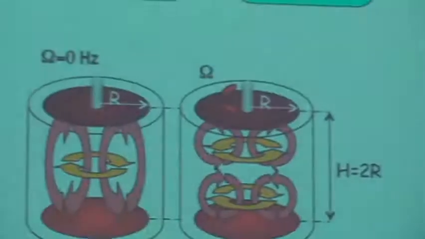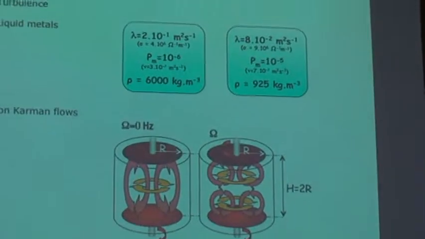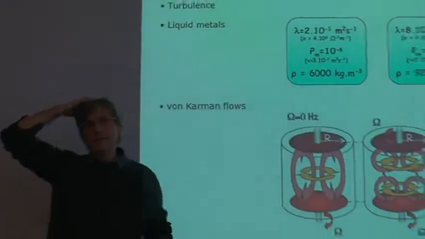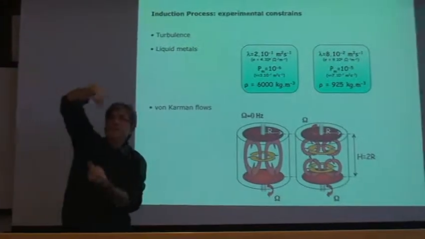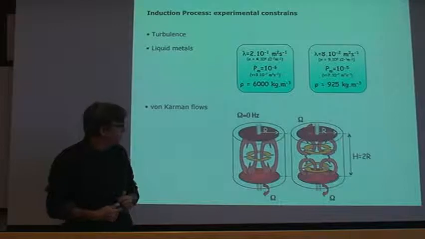So it's a cylinder, okay. In a gallium flow in the lab, it's typically this size. In a sodium flow in a bigger experiment, it's typically that size. It has two propellers, discs, that rotate at the top and the bottom of the fluid.